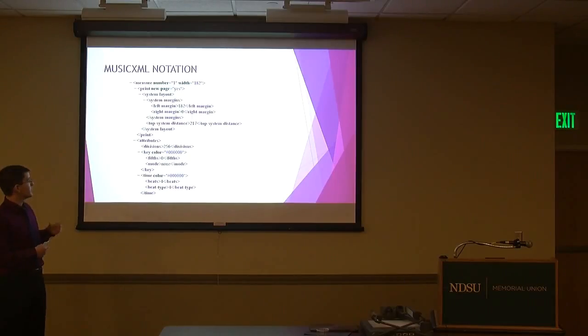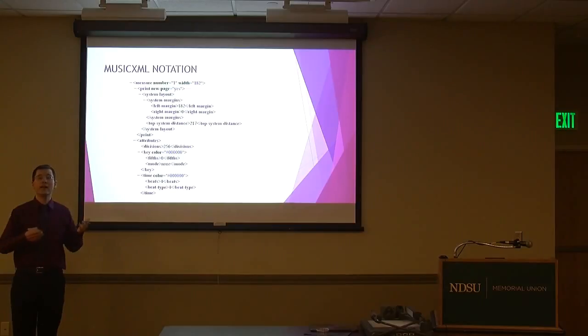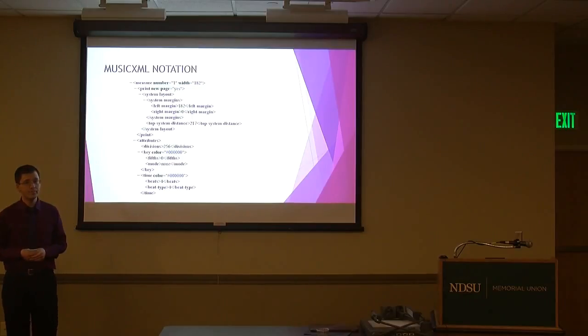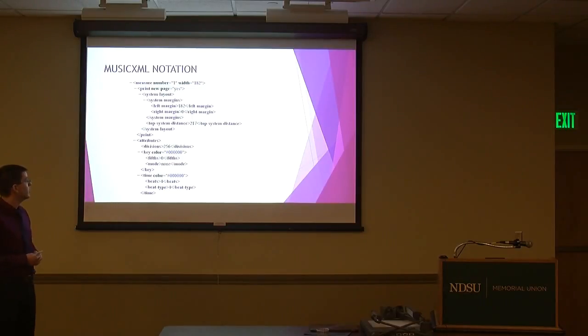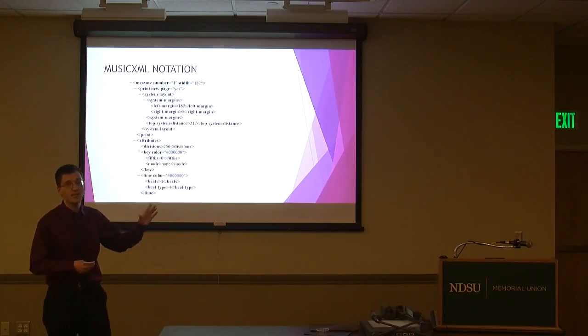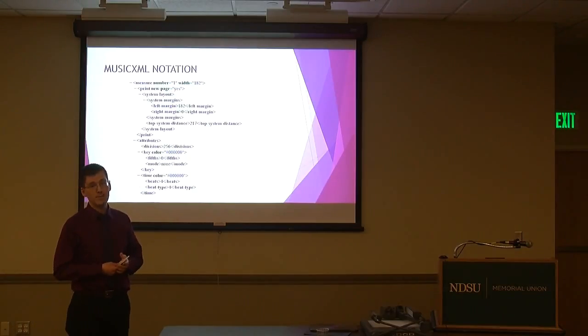So I think that this illustration really shows the challenge in bridging that gap between MusicXML format and common music notation. So that's kind of the challenge here. We're trying to convert this into that nice, easy to read common music notation.